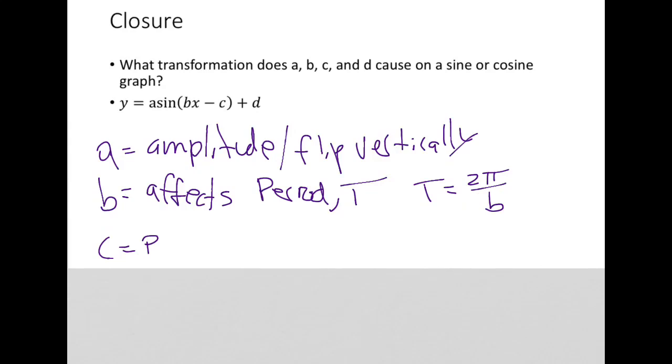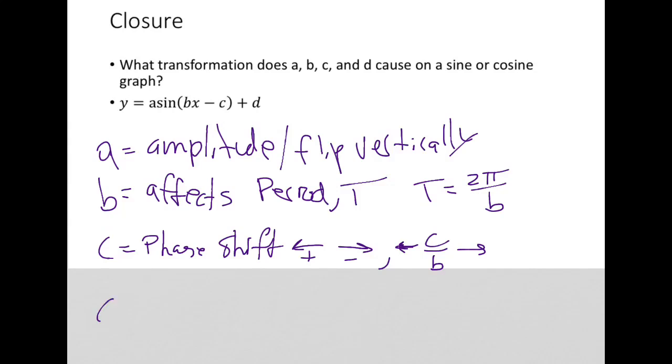Well, the C is your phase shift, which means it shifts it left if it's positive and right if it's negative. But if you have a phase shift and a modified period, you need to factor that B out of the C. So the phase shift would really become C over B, whatever that is then, to the left or to the right. I don't know why I said it reversed.